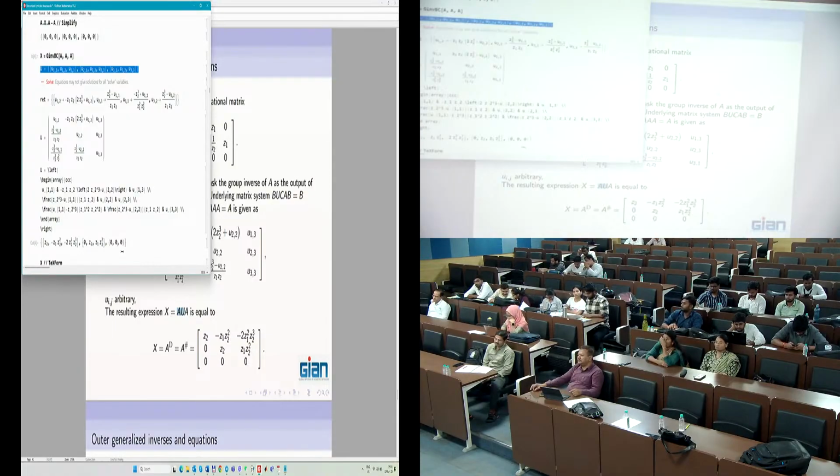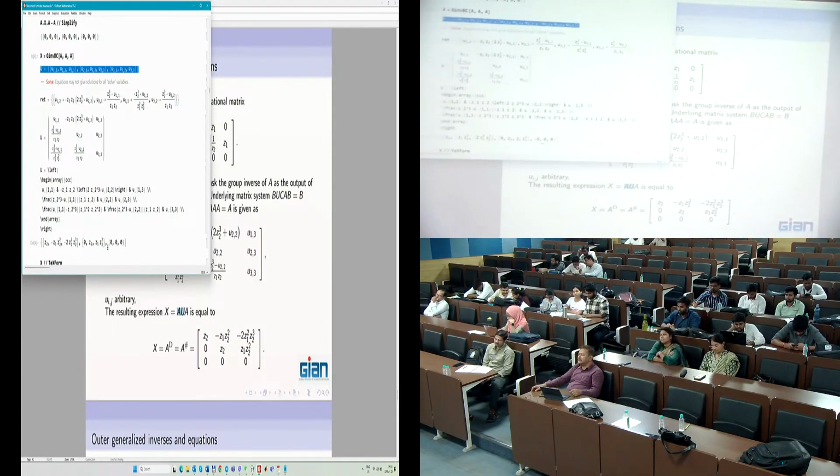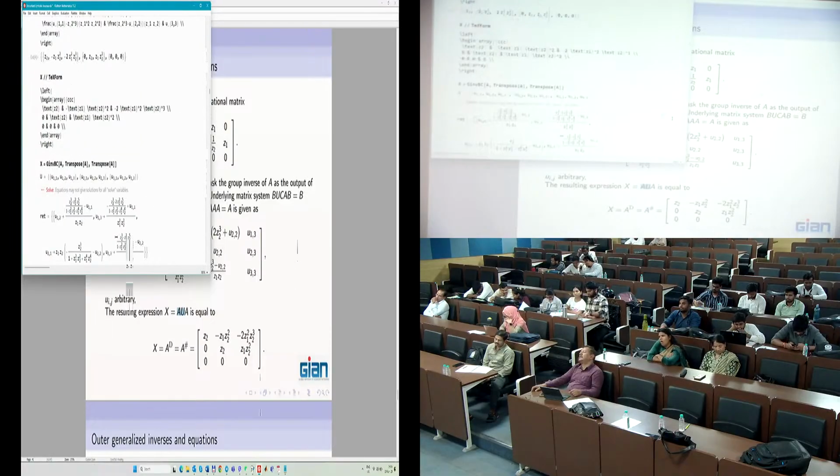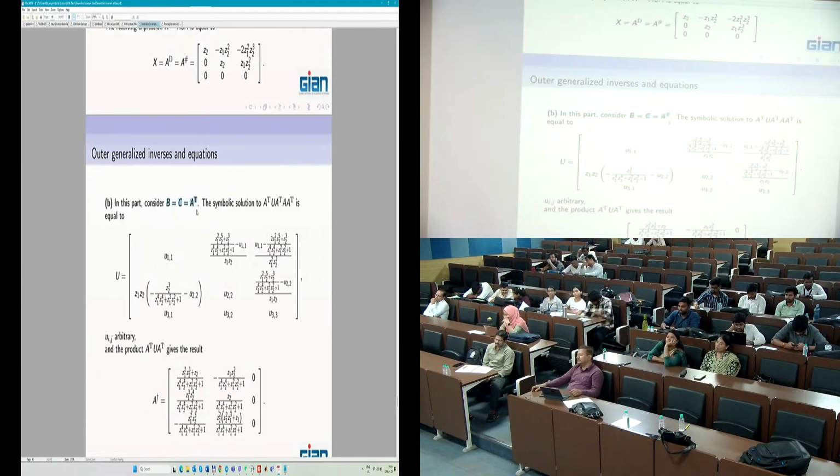It is the group inverse. There are many possible generalized inverses which can be considered. Another example is related with B equals C equals A transpose, and this approach leads to computation of the Moore-Penrose inverse, with nice examples in symbolic form.